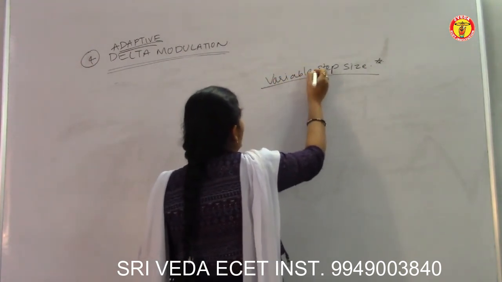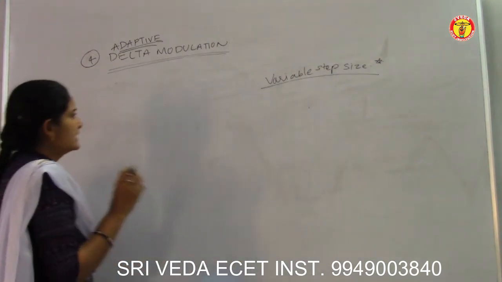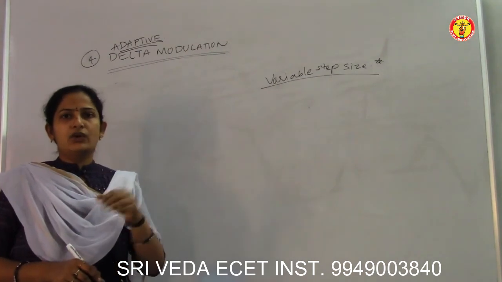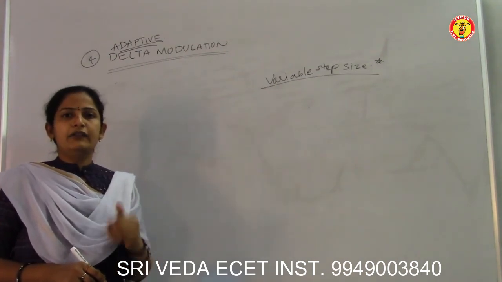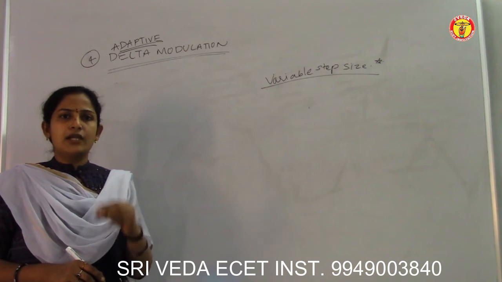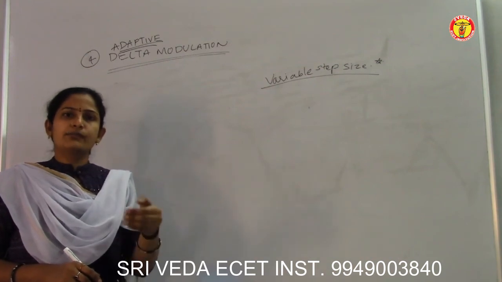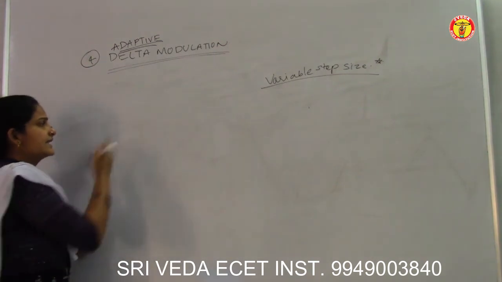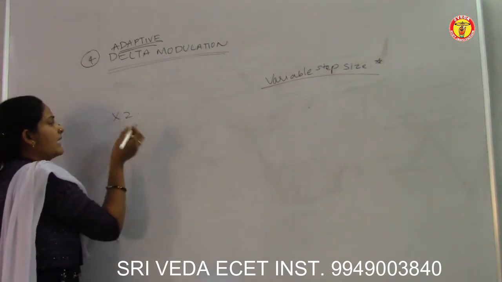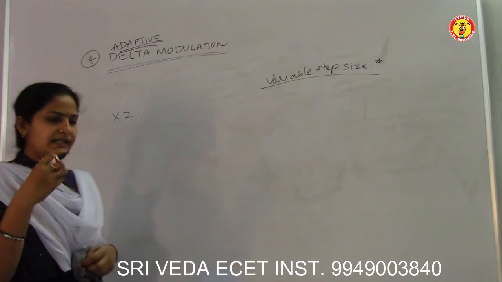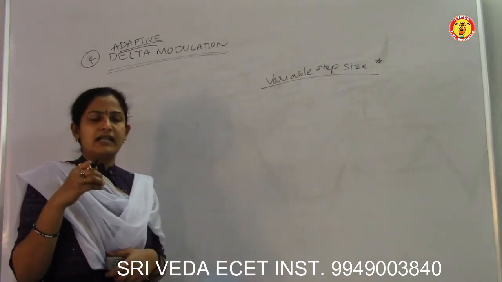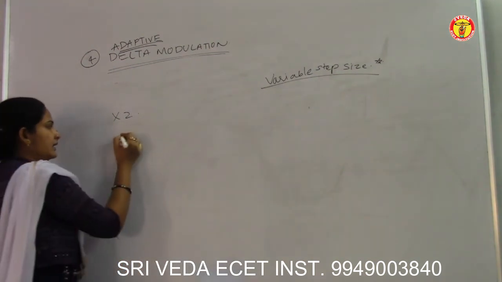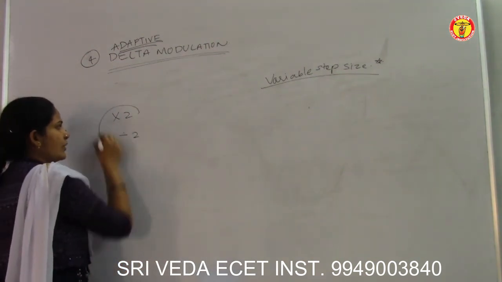In this also, a comparator compares the present value and the previous sample value. If the present sample value has an amplitude more than the previous one, the step size is doubled. If the present sample value amplitude is lesser than the previous one, then the step size is reduced, it is halved.